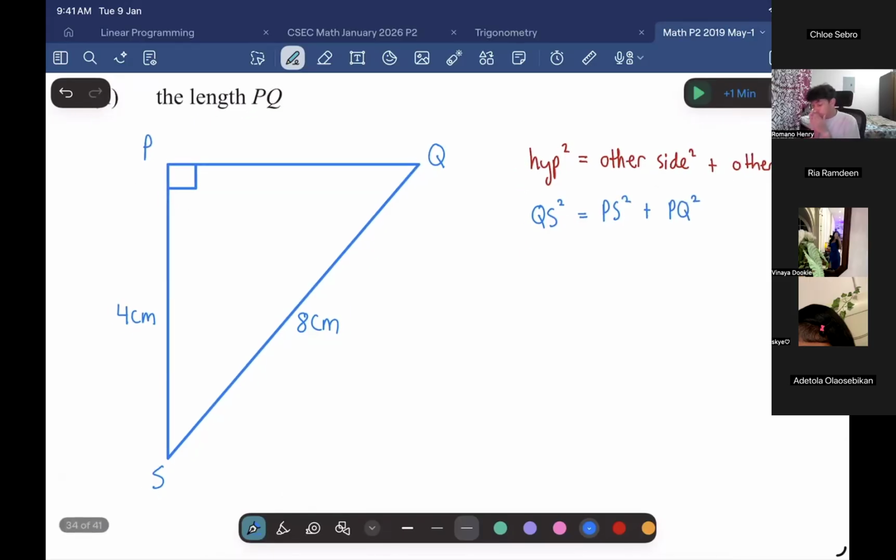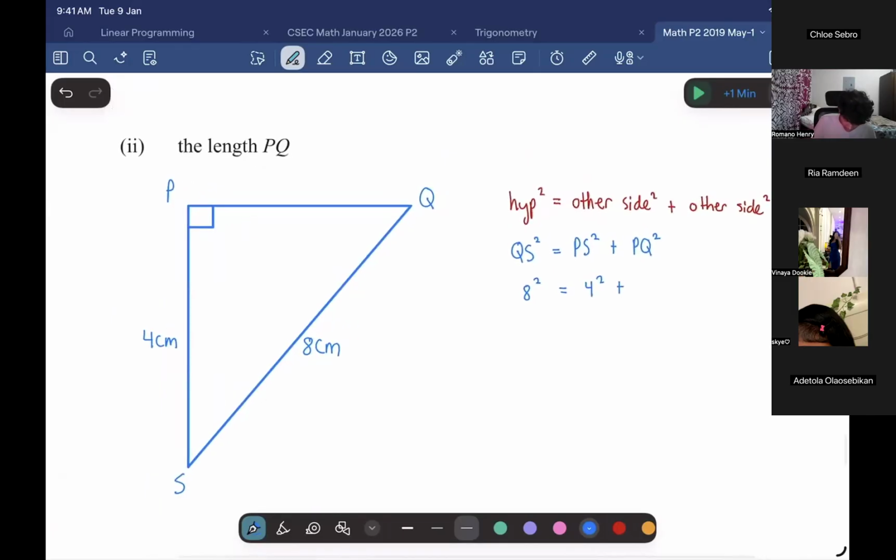Now we're going to do some substitution. What is QS? 8 centimeters, sir. Right, 8 squared. What is PS? 4 centimeters, sir. Right, and Mira, what was the unknown? What do they want us to calculate in this question? The length of PQ.